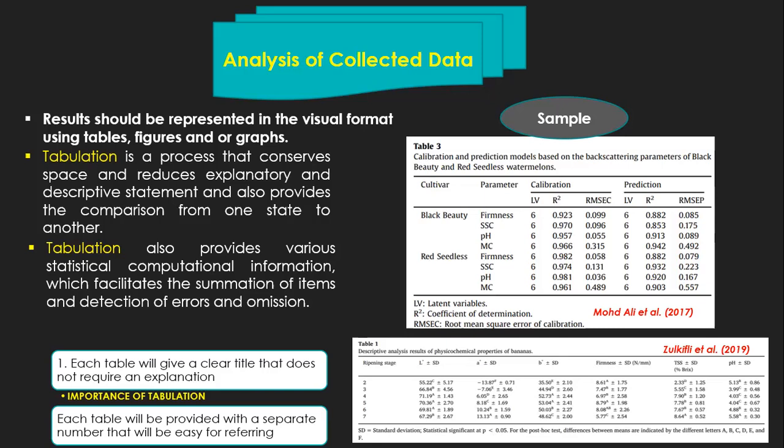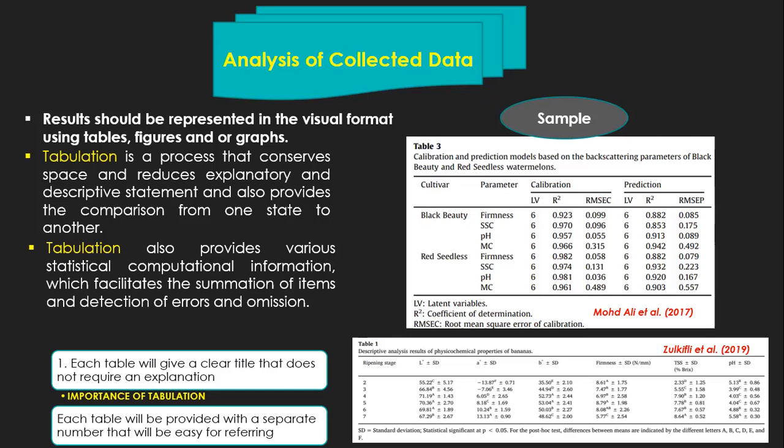So sa data pa lang, sa tabulated data, makita na nimo siya nga, okay, nag-increase di ang iyang L value. Okay? Nag-increase ang iyang A, okay? Nag-increase ang iyang TSS, nag-increase or nag-decrease po ang iyang pH. So you can then relate with your current finding. And then you can write, okay, however, in the findings of Zulkifli in 2019, it was found like that the pH value of banana in storage based on the table.